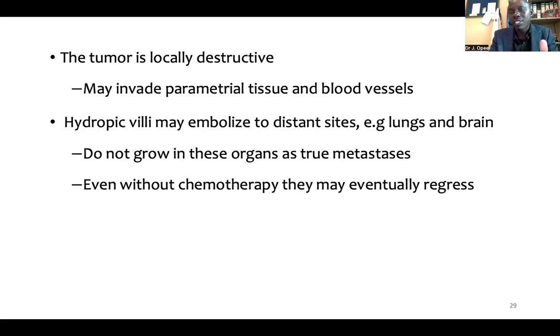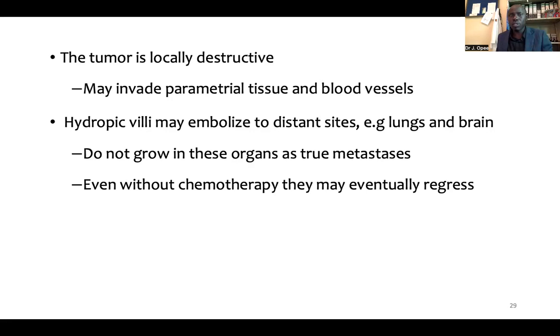So it can invade up to the myometrium, up to the serosa, even up to the parametrial tissues, and invade some of the blood vessels surrounding parametrial areas, like the uterine vessels. So it is very, very dangerous. Hydropic villi may embolize to distant sites, for example, the lungs and the brain.